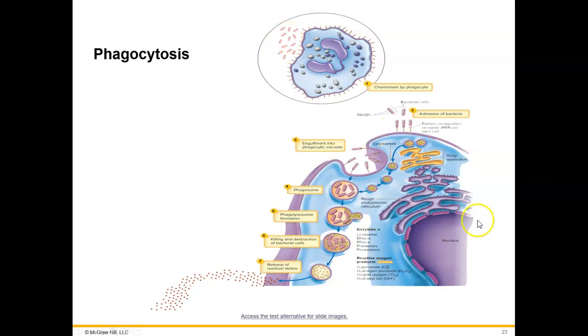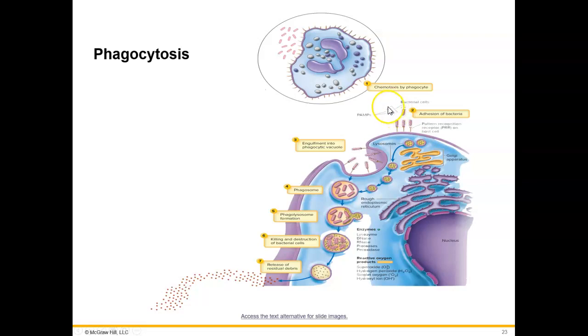Now we go down to the blown up image, and once again, the purple line represents our membrane around our phagocyte. We see these Y-shaped receptors. These are the pattern recognition receptors, or the PRRs, on the outside. These are the little things sticking out all over the surface of the bacterial cell.